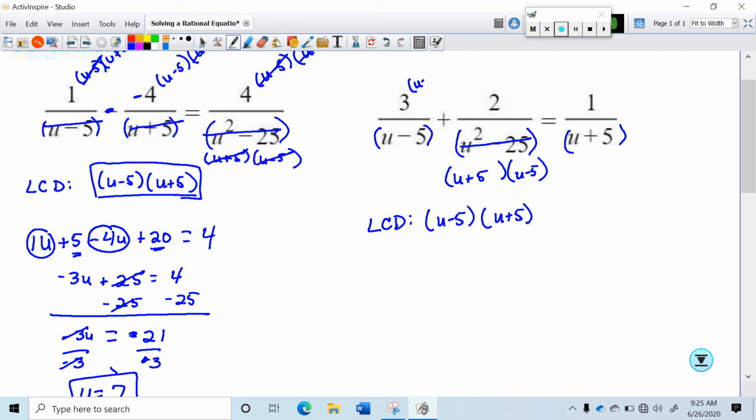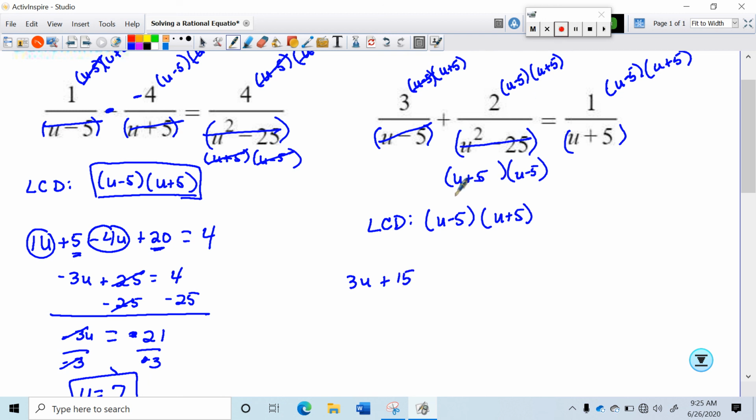So u minus 5, you put that with each term. U plus 5, u minus 5, u plus 5, u minus 5, u plus 5. Okay, top cancels with bottom, so 3 times u is 3u, and 3 times 5 is 15.